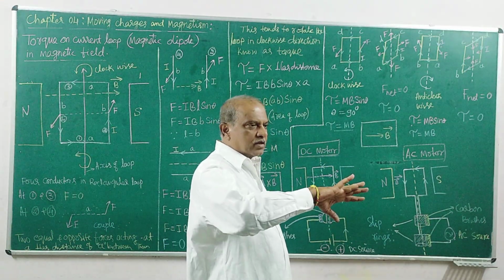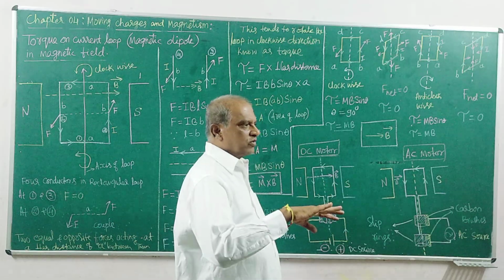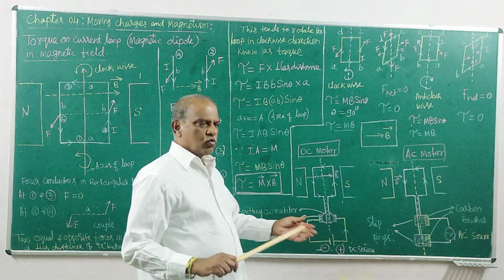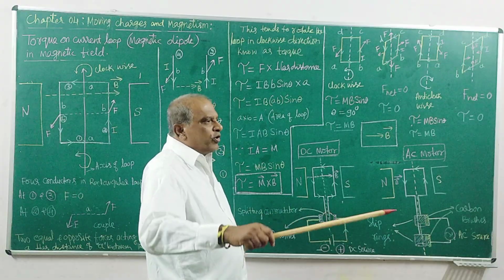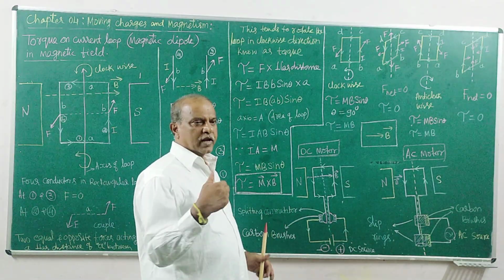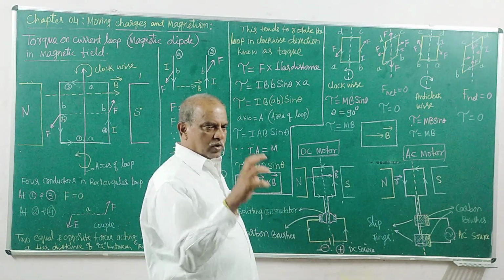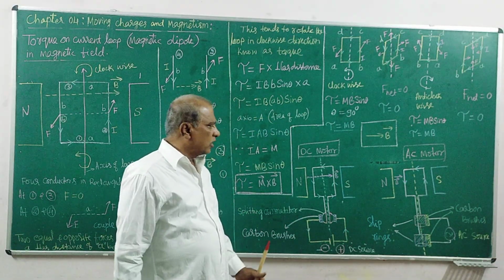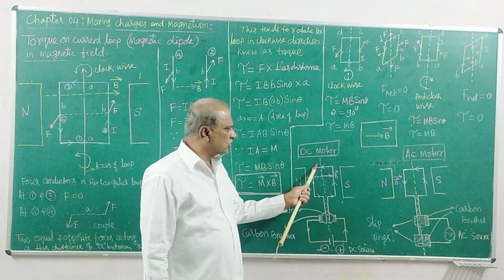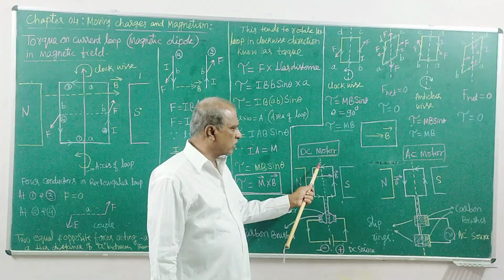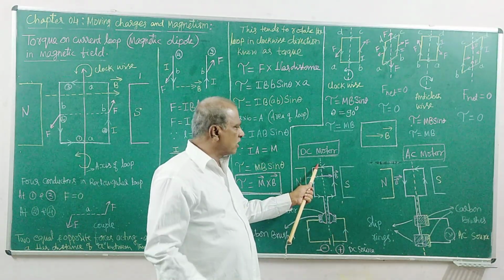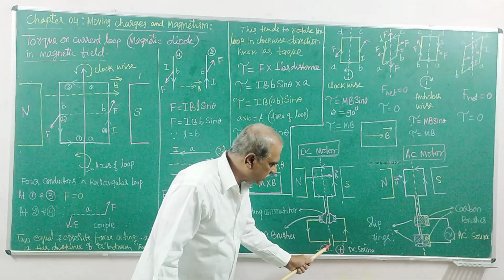Apply mechanical energy. Mechanical energy we can produce, as you can see in nature, in the form of flow of water, a blow of wind, or converting heat into mechanical energy by turbines. So you can produce mechanical energy; the source is available. If you apply this mechanical energy to this armature, it will rotate, and then electric energy is generated.